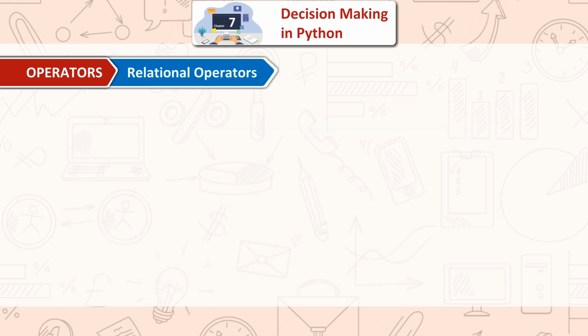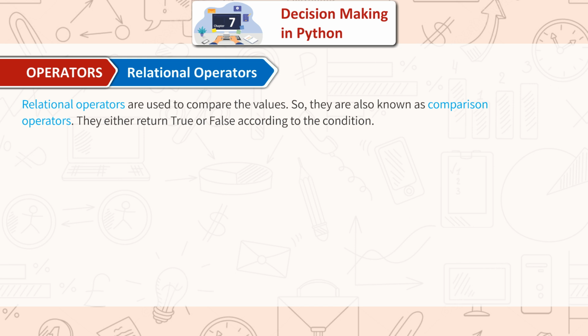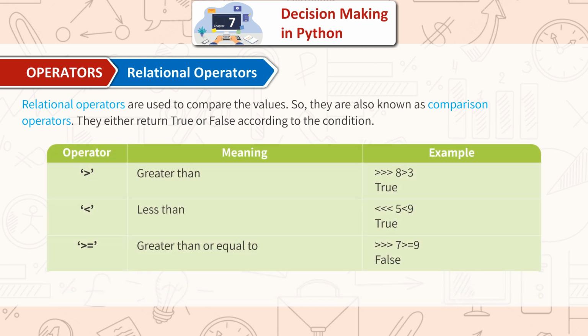Relational operators. Relational operators are used to compare the values. So, they are also known as comparison operators. They either return true or false according to the condition. Operator, meaning, example. Greater than: 8 greater than 3, true.